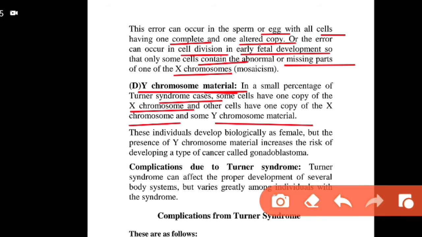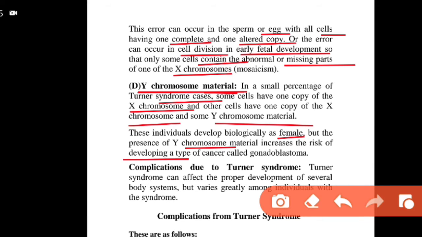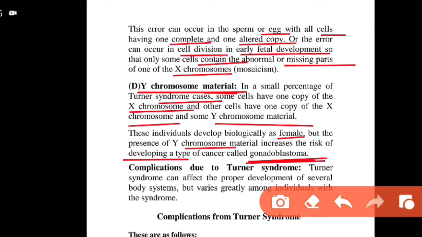These individuals develop biologically as female, but the presence of Y chromosome material increases the risk of developing a type of cancer called gonadoblastoma. So due to Y chromosomal material, gonadoblastoma cancer develops in females.